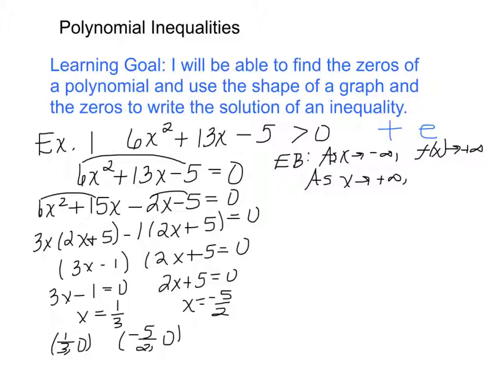As x approaches positive infinity, f of x approaches positive infinity.